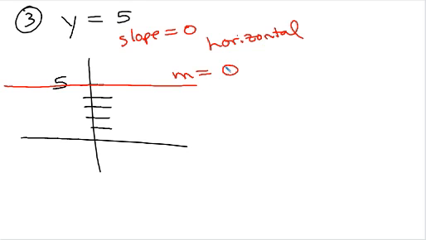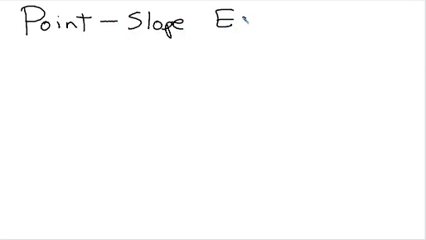All right, our last big topic for today when we talk about slope is a very important equation that a lot of young algebra students don't spend enough time with. And so I force my pre-calculus students to spend more time with the point-slope equation.